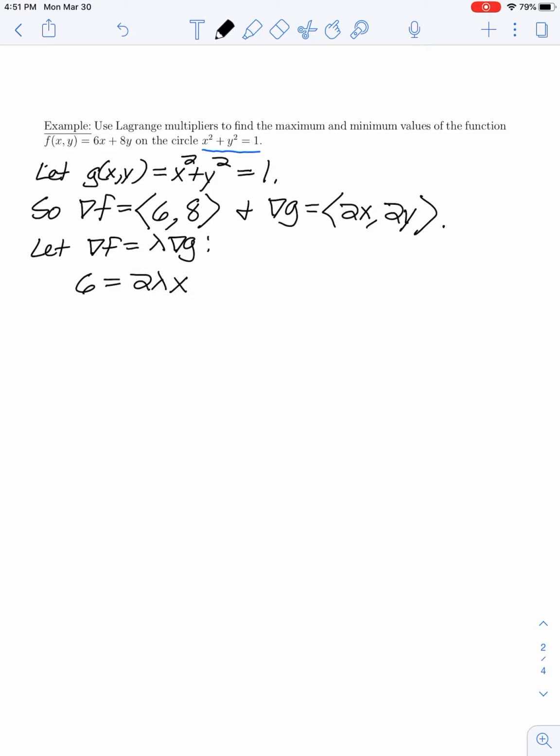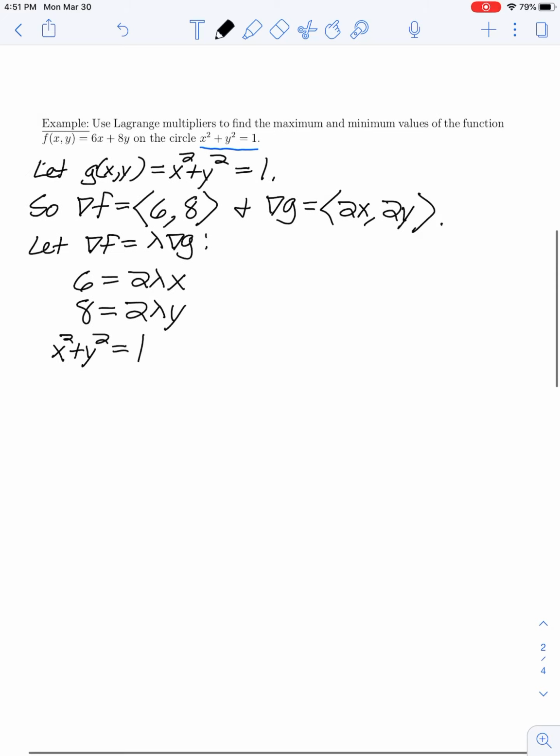And so we find, equating the first components of those vectors, that 6 has to equal 2 lambda times x, and equating the second components of our vectors, 8 has to equal 2 lambda times y. And we still have to satisfy the constraint x squared plus y squared is equal to 1. We're only considering points that lie on that circle.